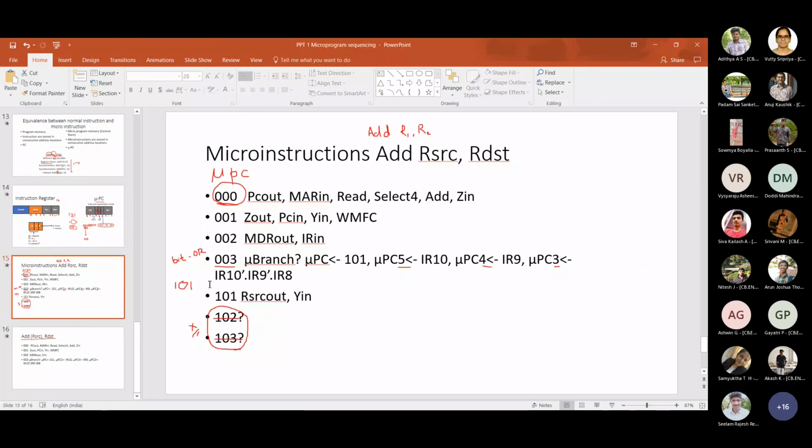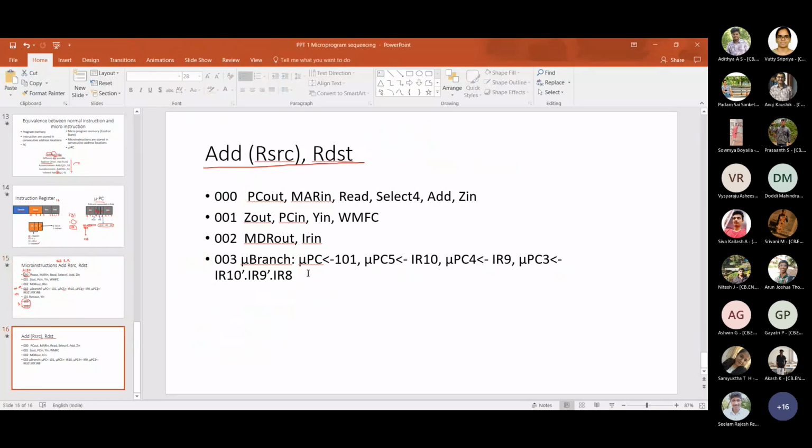For register direct, you were jumping to 101, but for register indirect, after computing the value of MuPC 5, 4, and 3, you will get 001. So the final jumping address would be 1, 1, 1.